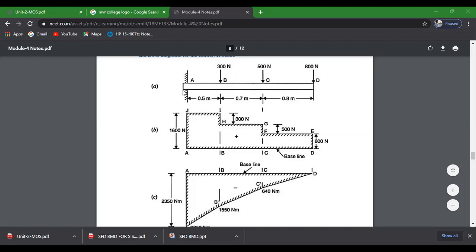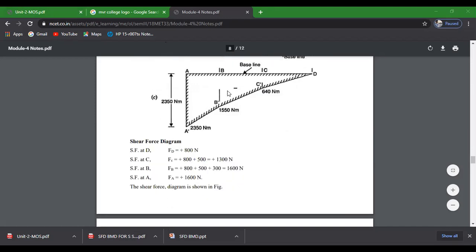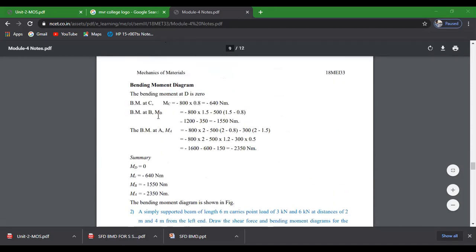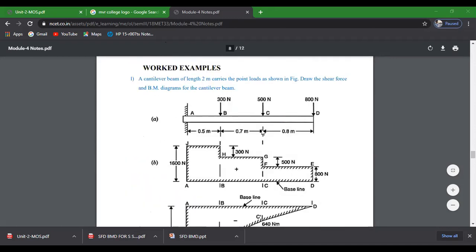The distance will be 0. The bending moment at the point B is equal to the bending moment due to the 800 newtons plus the bending moment due to the 500 newtons.